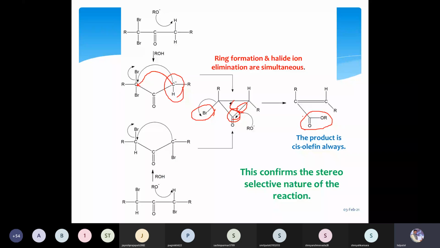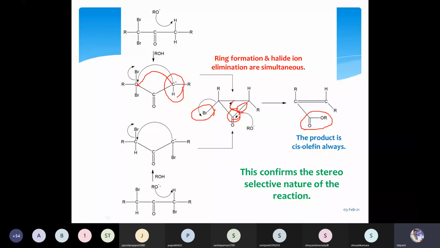Now, the next part we have discussed is called alpha alpha dash. Here it is alpha alpha, on the same carbon. Here it is alpha alpha dash; this is alpha and this one is alpha dash. Here also halogen groups are there. But as per the characteristic of our reagent, that is catalyst, RO minus alkoxide, alkoxide first attacks the proton.